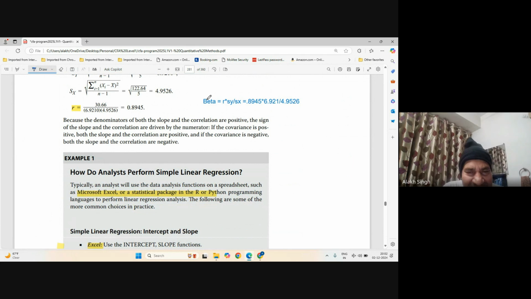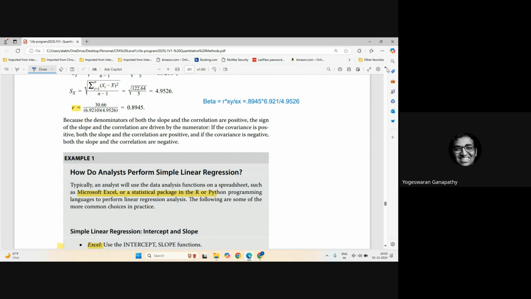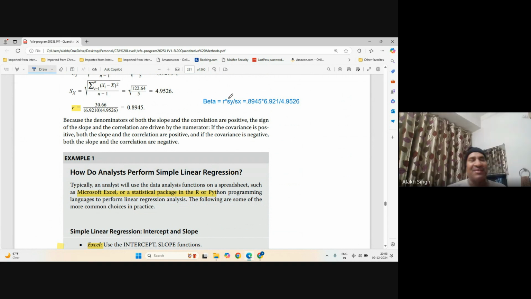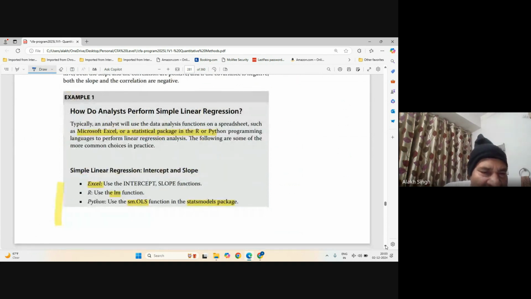If you are given beta, you can easily calculate R, because if beta is there, then Sx and Sy will definitely be there. Only R will not be there. So how will you calculate R if you have been given beta? R is beta times Sx by Sy. That's it. So you can easily convert one to another.